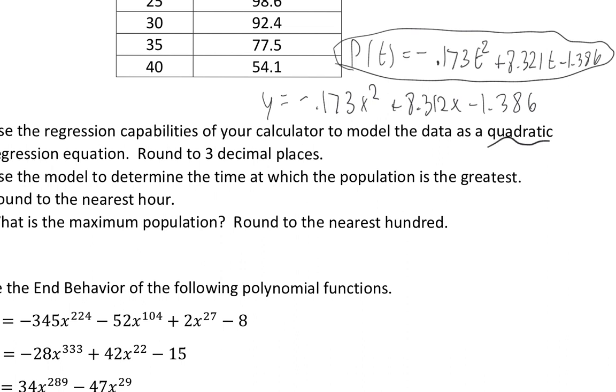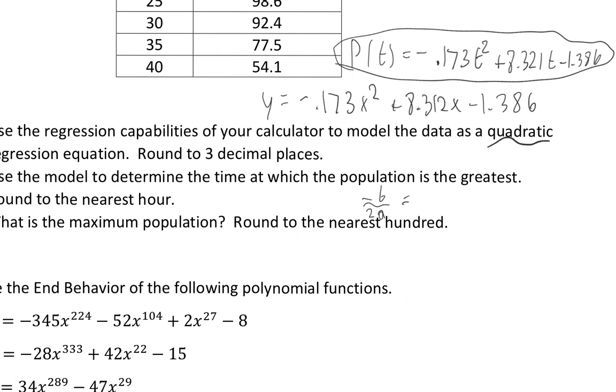We might have to adjust our window. My window's a little thrown off. We can graph the equation and make an estimate using that, and you'll get the same thing. The other way to find our peak is to use the formula, negative b over 2a.